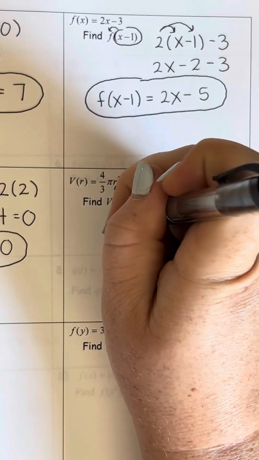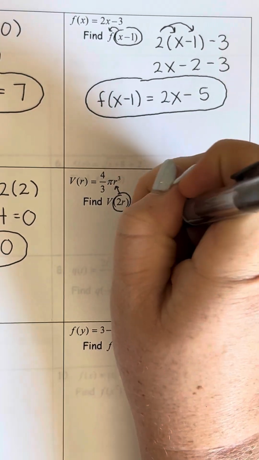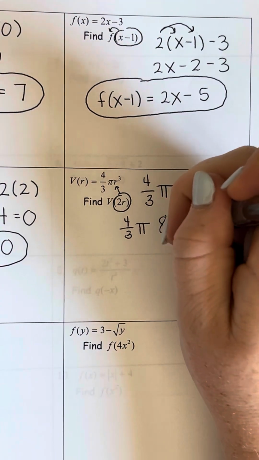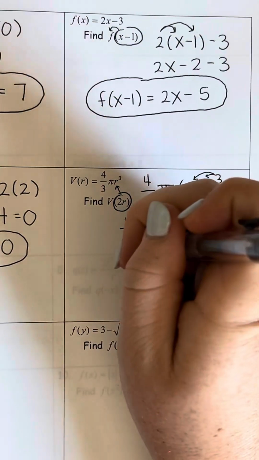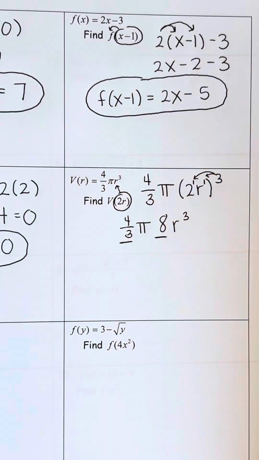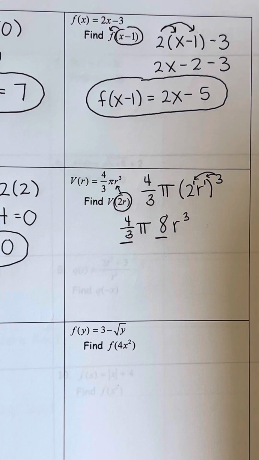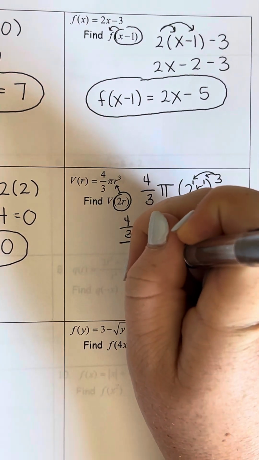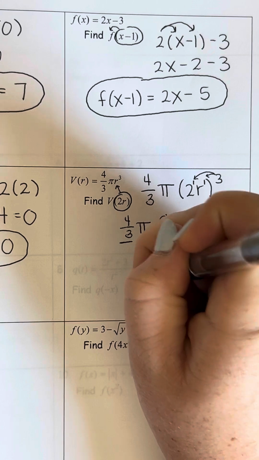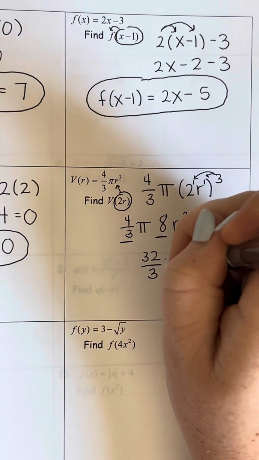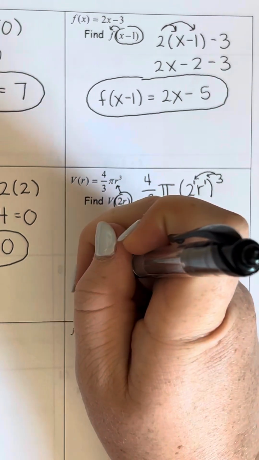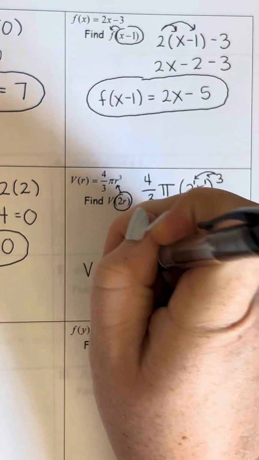So we're gonna have 4/3 pi, 2 cubed is 8, and then we have r cubed. Now here we have two numbers that are multiplying, 4/3 and 8. We need to make sure that we're simplifying as far as possible. 4/3 times 8 is gonna give us 32 over 3 pi r cubed. All right, so that would be v of 2r.